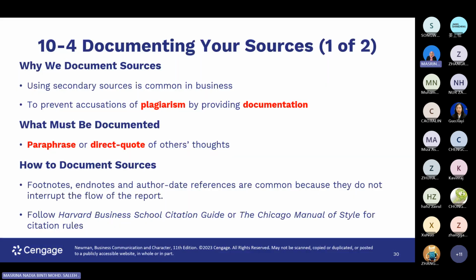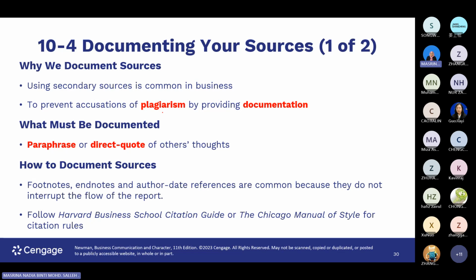All right. So this is to document your sources. If you cite from the references, make sure you rephrase. Or if you want to use a direct quote, make sure you put quotation marks around the direct quote, and at the end you have to cite the source.